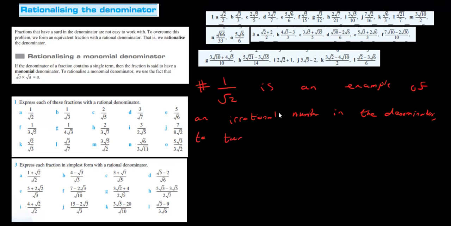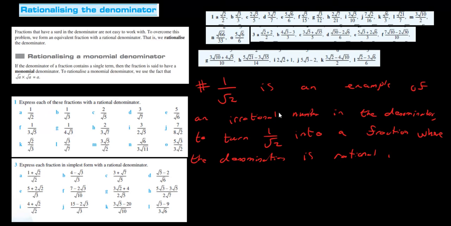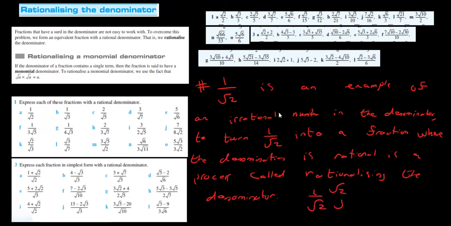To turn 1 over root 2 into a fraction where the denominator is rational is a process called rationalizing the denominator.